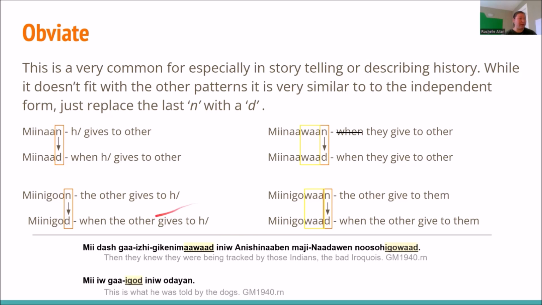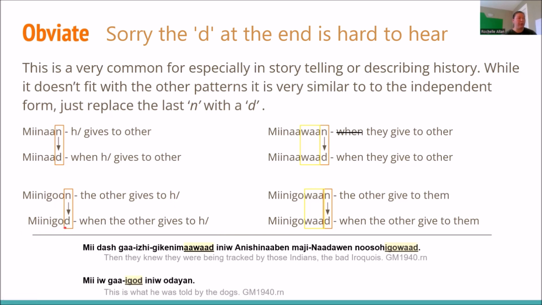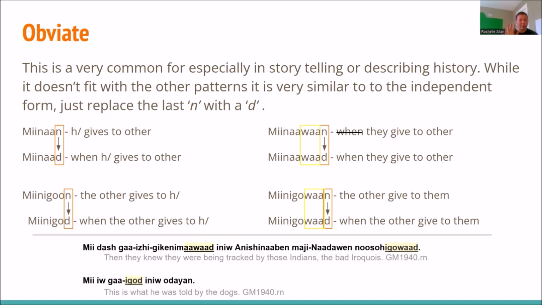In our independent form, we had minikun, and in the conjunct form, we have minagut. And the O is shortening, so we have minagut, when that other person gives it to him or her, or if the him or her is pluralized, then we add the wa, miniguwad. So we have when the other person gives it to them, plural, miniguwad.